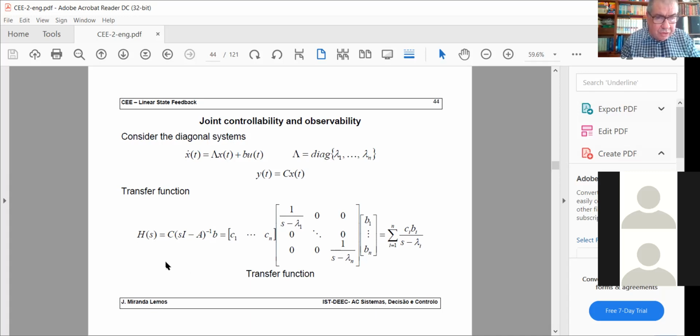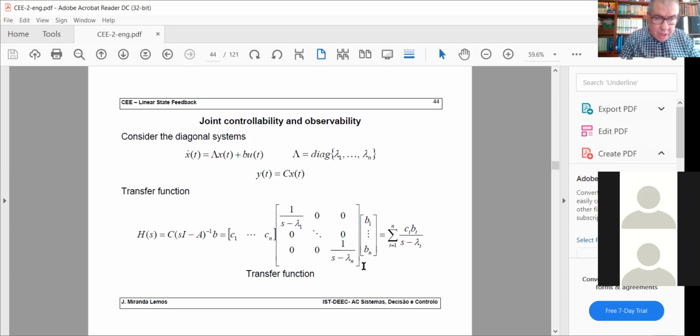You compute the transfer function from U to Y. In this case, C is just a row vector C1 to Cn. This is a scalar system. A is a diagonal of numbers, lambda 1 to lambda n. If you compute sI minus A, you get s minus lambda 1, s minus lambda 2, etc. in the diagonal. The rest is 0. And the inverse is just the inverse of the elements in the diagonal. Then you multiply by B.